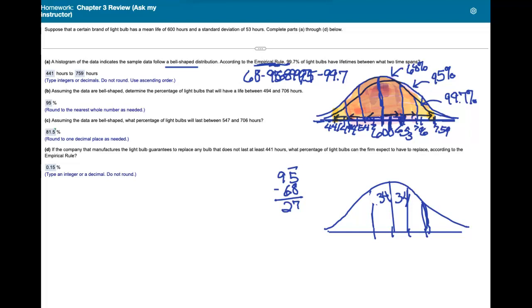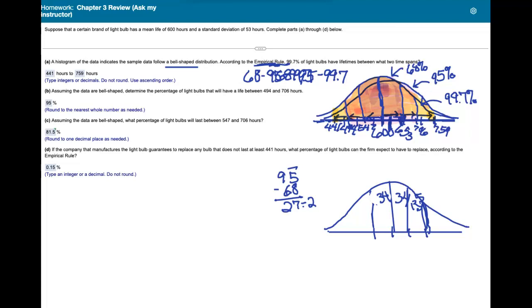So each piece here is 13.5. Now I can add 34 plus 34 plus 13.5, and that's where we get the 81.5%.